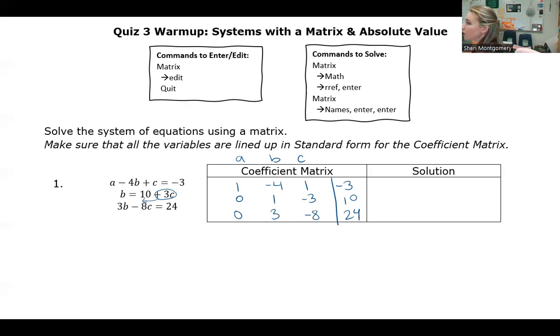I want you to try on your own to use that coefficient matrix and type it in with the directions that you see. I have directions at the top of the page. We have a quiz today.